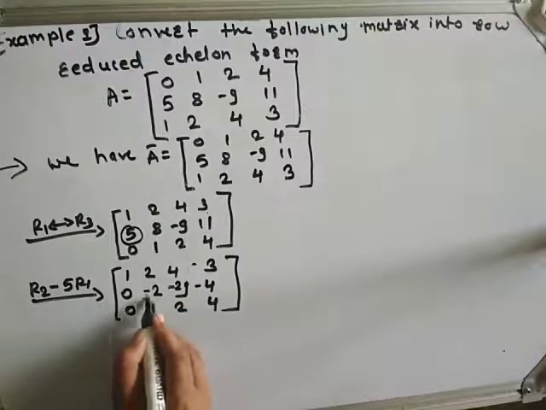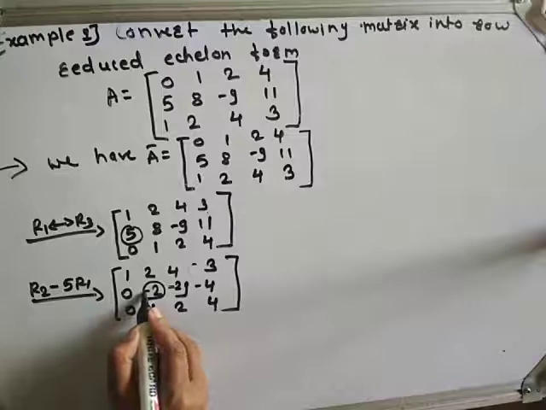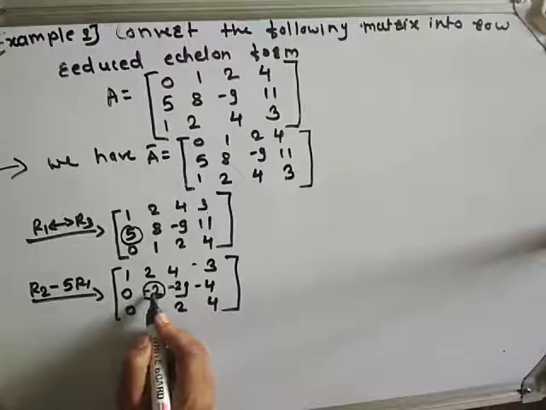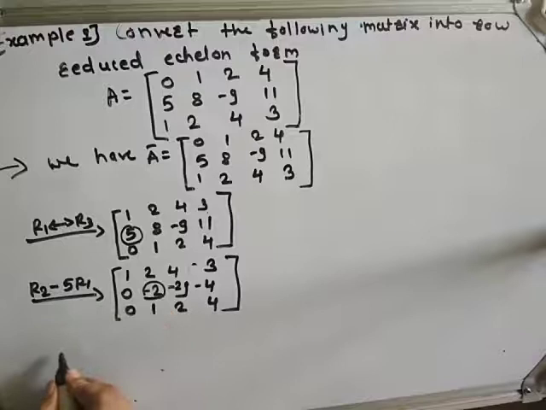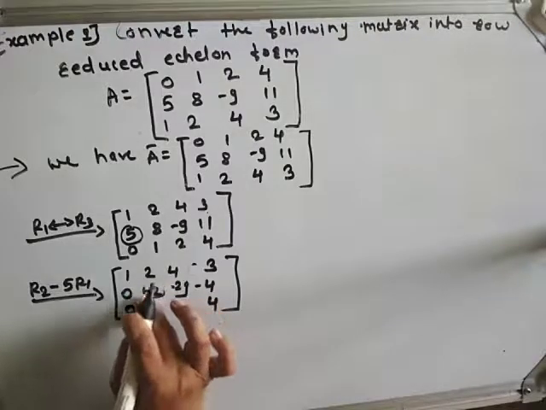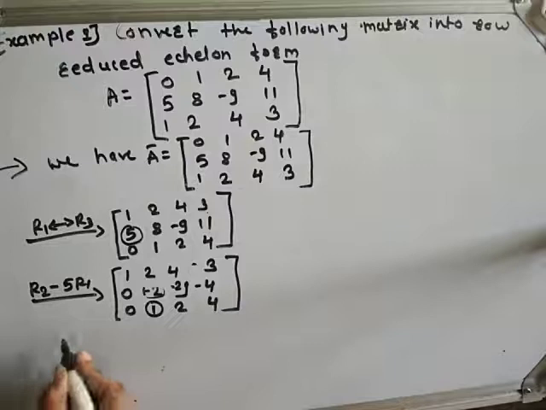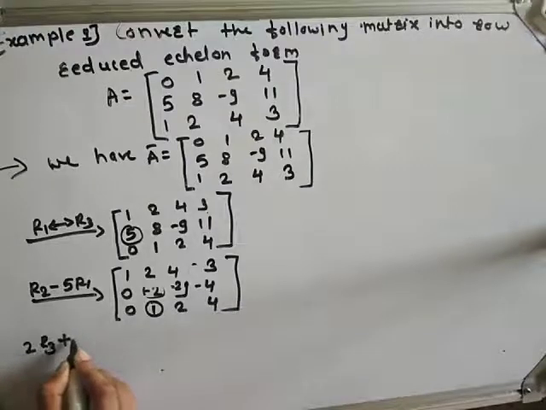In the second row, this minus 2 is the leading entry. But in reduced row echelon form, we require a leading 1 here. First we make 0 here. For that we perform the row operation 2 into R3 plus R2.